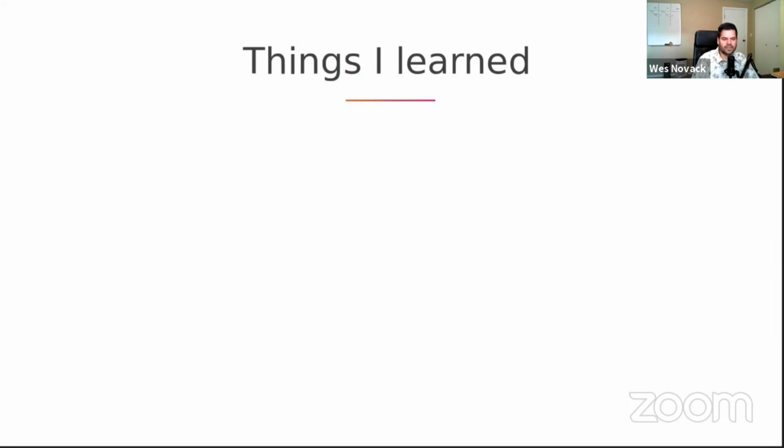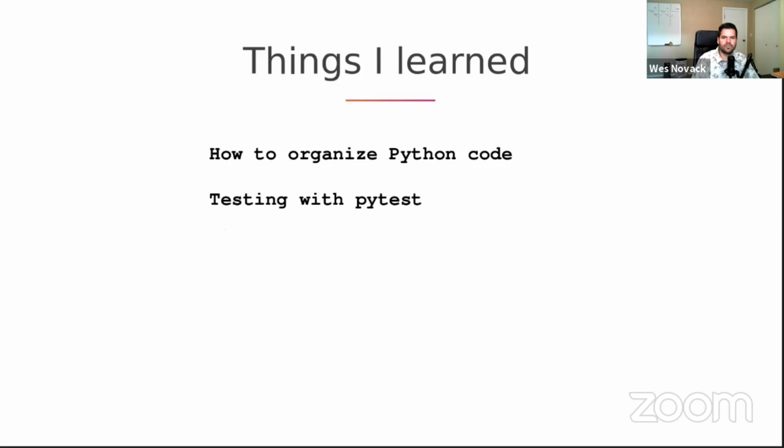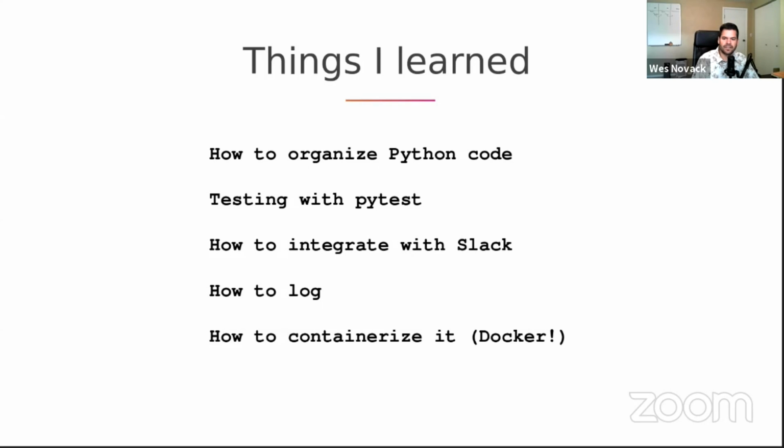Let me briefly go over a couple of the things I learned. I learned how to organize Python code. I learned how to test with PyTest. I learned about integrating with Slack in multiple different ways. I learned how to log. I learned how to containerize it with Docker. I learned about PEP 8 conventions. PEP stands for Python Enhancement Proposal.